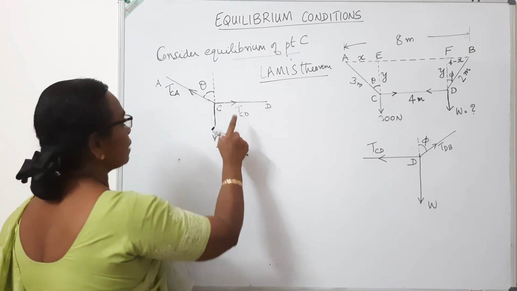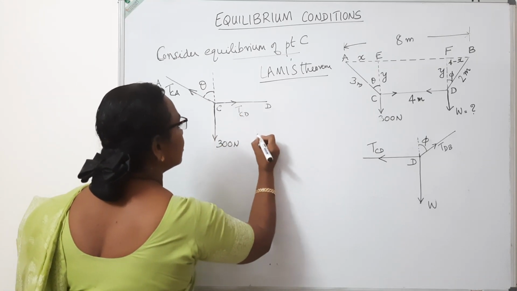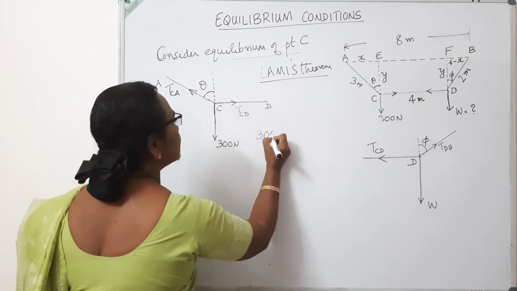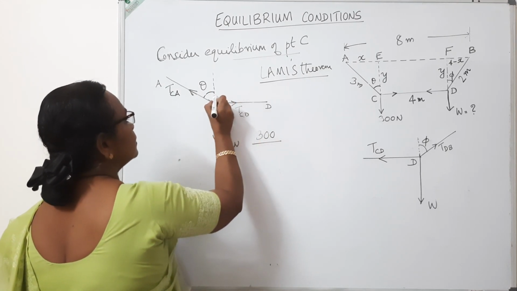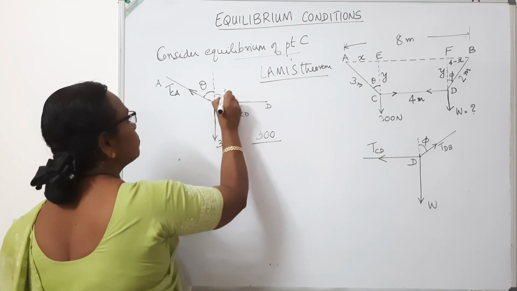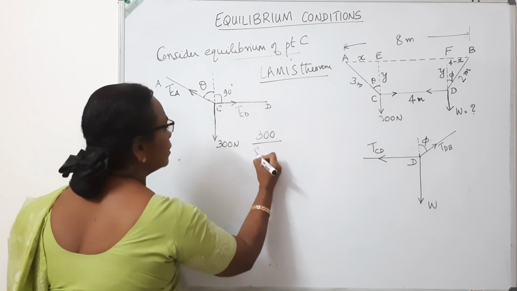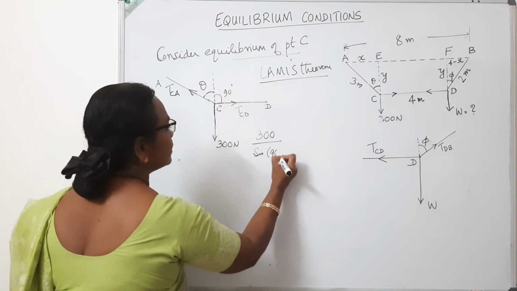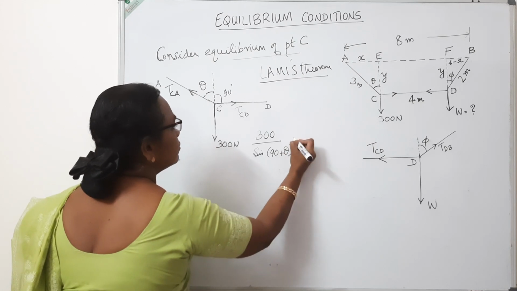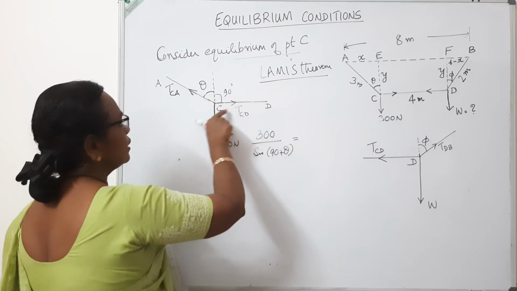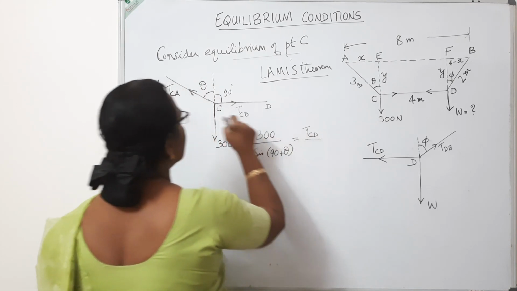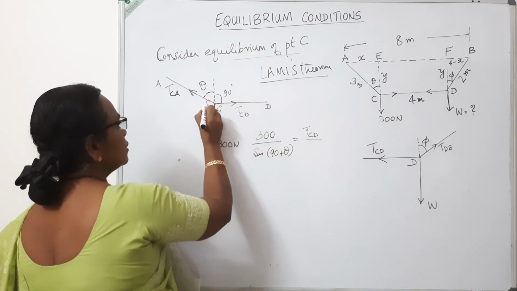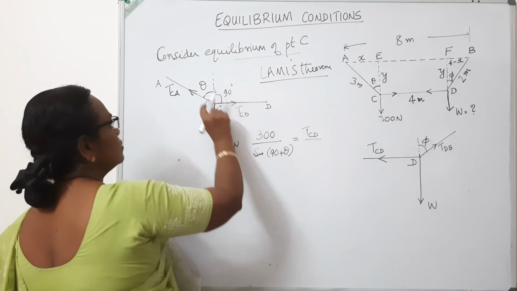So by applying Lami's theorem: 300 divided by the sine of the angle between the other two. This angle is 90 degrees, and this is 90, so sine of 90 plus theta, is equal to TCD divided by the sine of the angle between this and the other force.